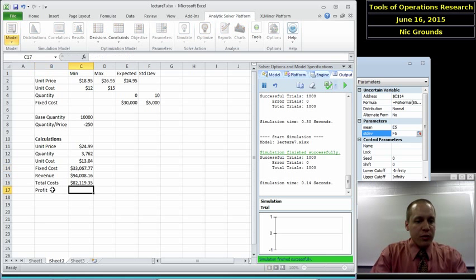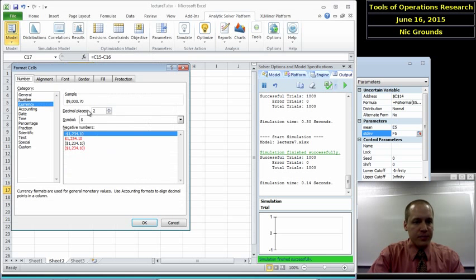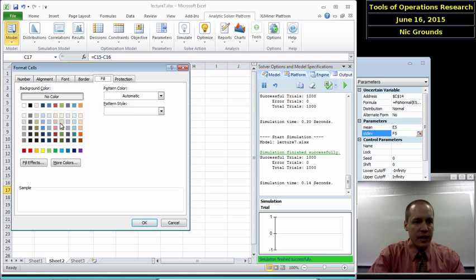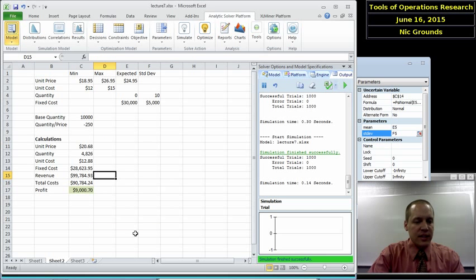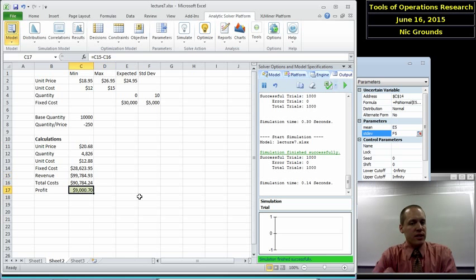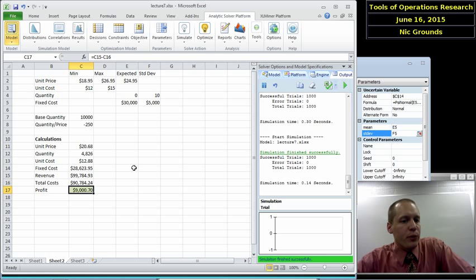Now we can compute profit as revenue minus total costs. Again, I like to highlight or fill that cell with something like green, just so you can see visually that that's what we're interested in. Before we can do our simulation, we have to tell the Analytics Solver Platform that cell C17 is the cell we want to see graphically represented.